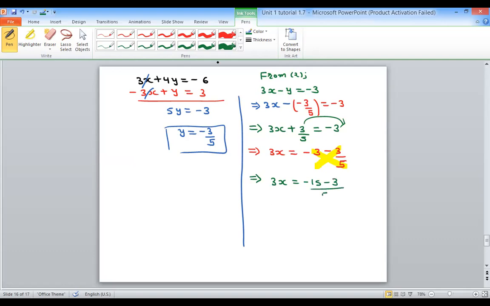This is your cross multiplication term. Now look here. 3x, minus 15 minus 3 is minus 18 upon 5. This 18 is written like minus 6 into 3 upon 5. Look, the 3 cancels on both sides. So your x is minus 6 by 5. This is your answer.